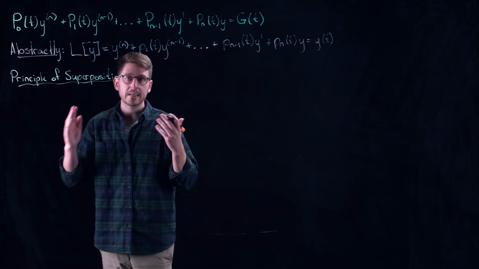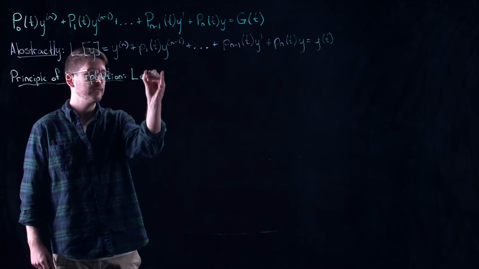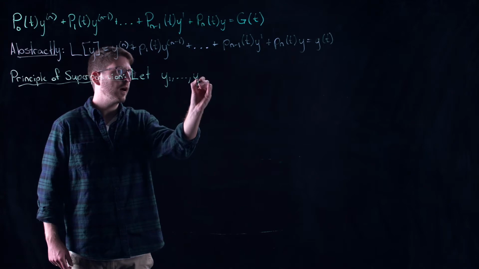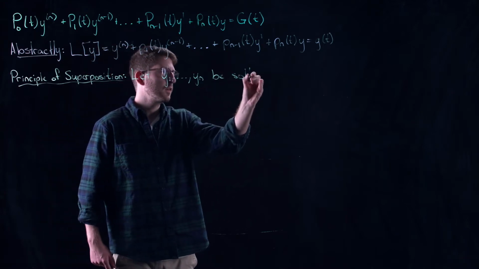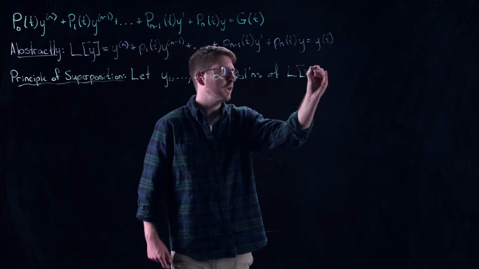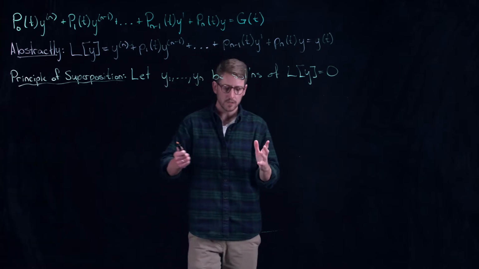Well, in this case, I get exactly the same thing, right? So let y1 all the way to yn be solutions of Ly equal to 0. Again, I'm taking a homogeneous equation. That's the only way that this can work.